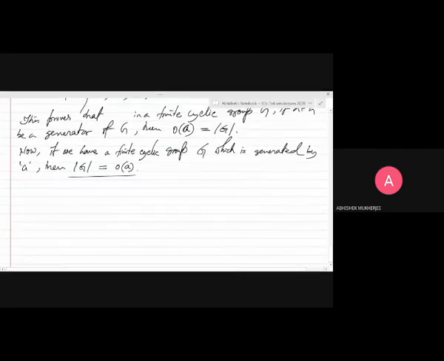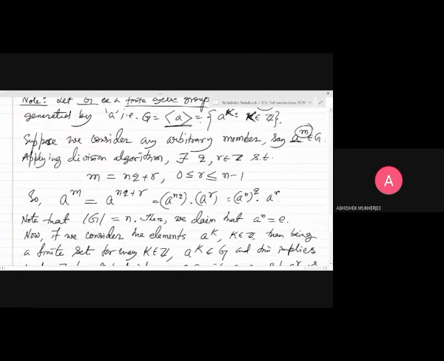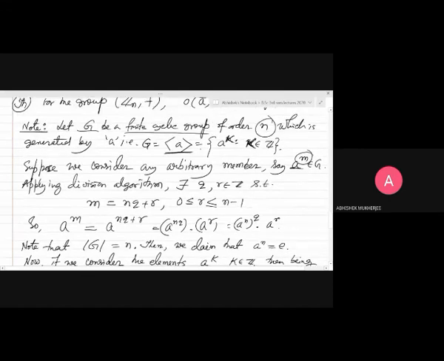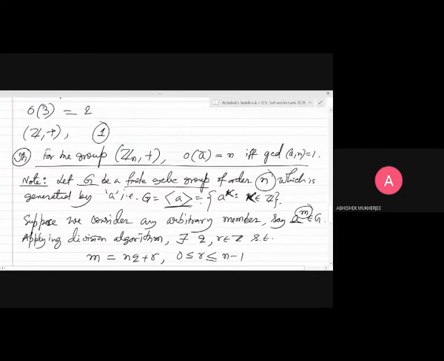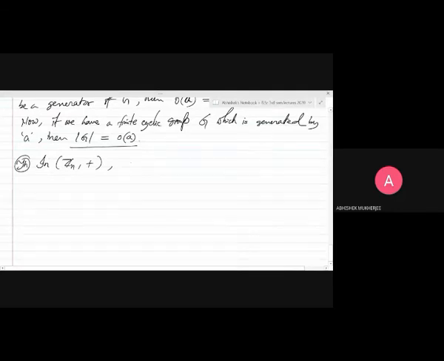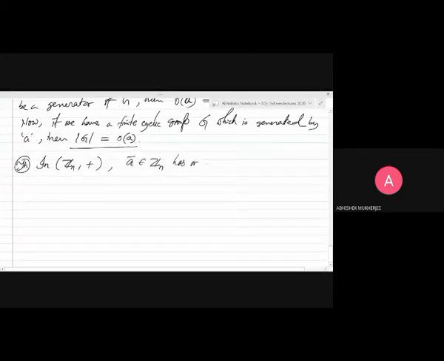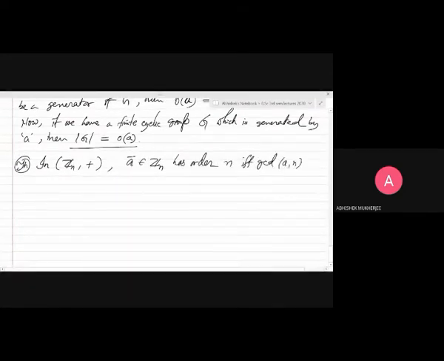So these things coincide. Okay. Fine. So therefore, now we come to this statement, the theorem, that in Z n plus, a class belonging to Z n has order n if and only if GCD of a comma n is 1.